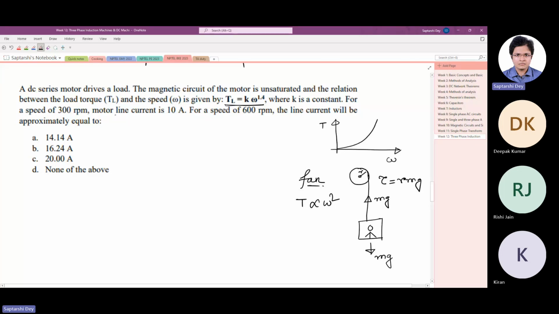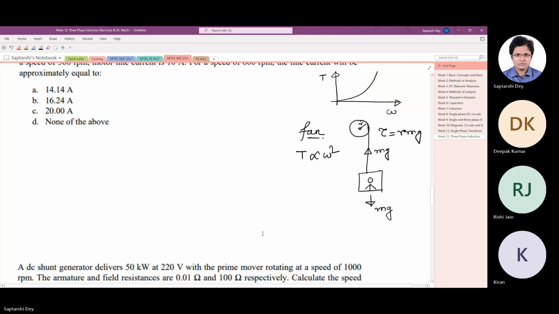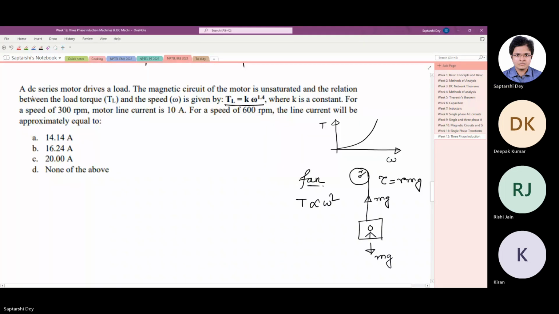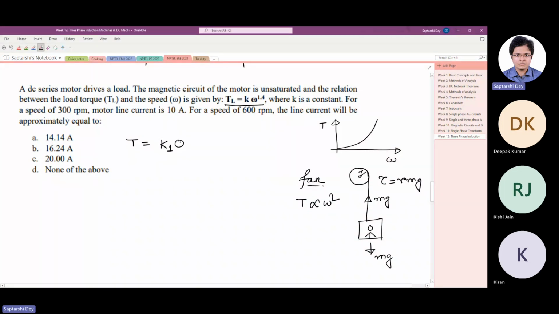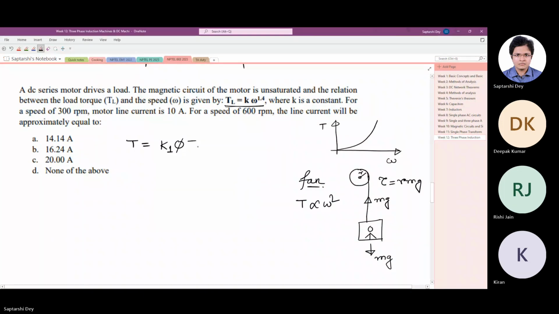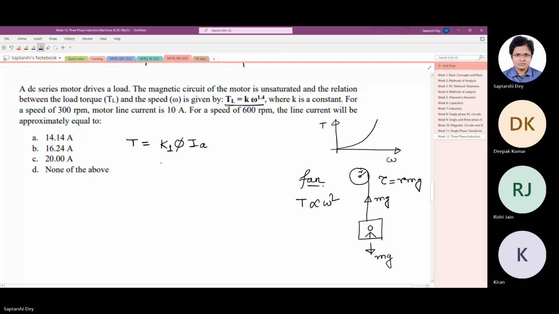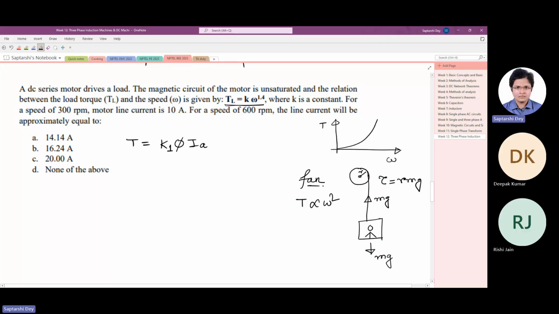We'll quickly write the equations for the DC series motor. Torque is, I'm just writing K1 phi Ia. What we have to find out is the relation between speed and current.